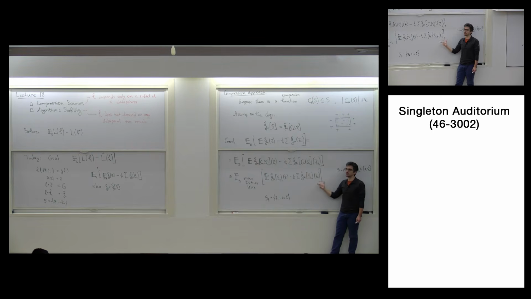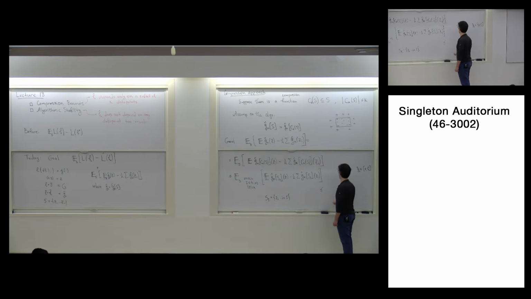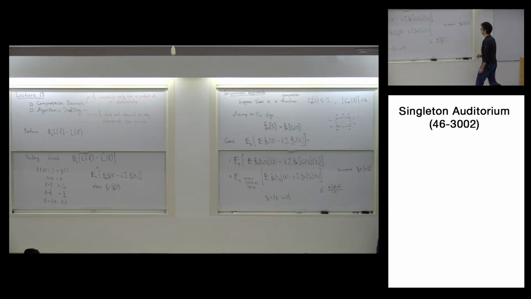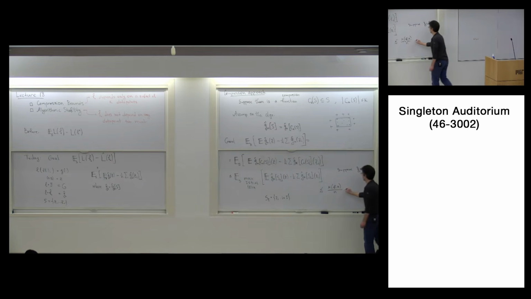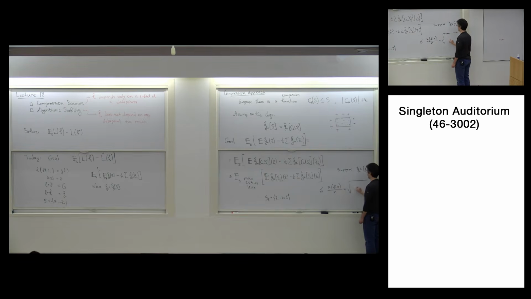And now I'm left over with the average of k in sample versus out of sample, and that's bounded by k times b minus a over n. So what I get is I lose k times b minus a over n, and let me make this, I'm skipping constants, plus square root of log.